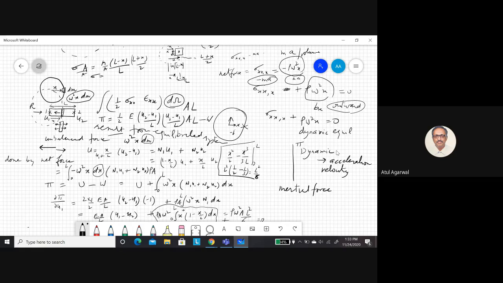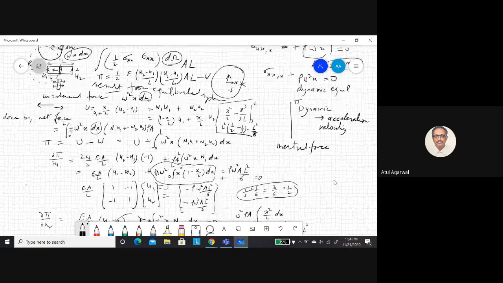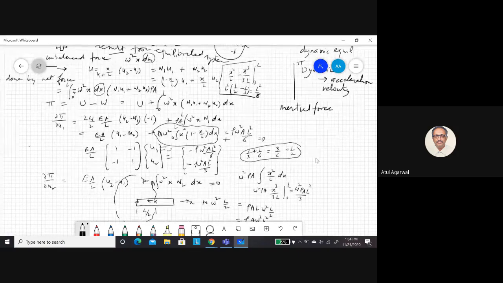Now this force is a pseudo force, which is equilibrating the system. So here, for this body force, we have to take the negative of this force. If we had taken the negative of this force, then you would have generated a plus sign here, and here you would have automatically got a plus sign.